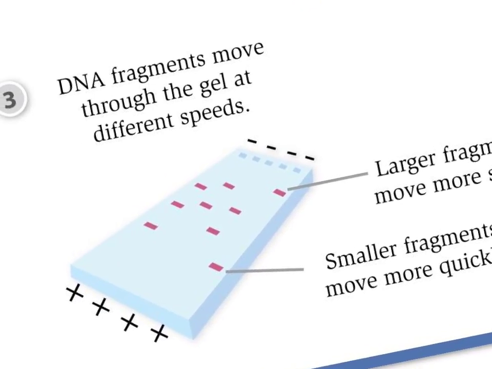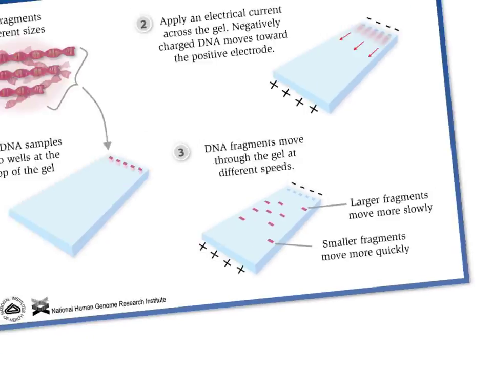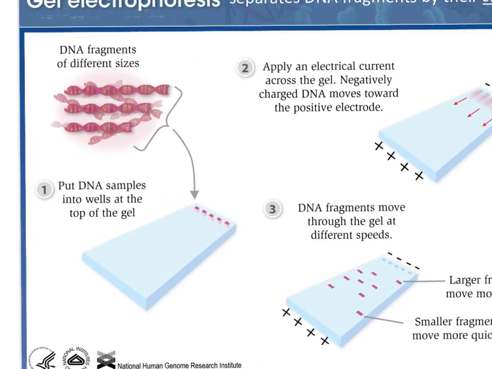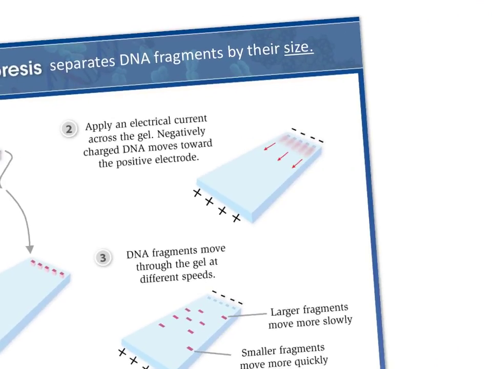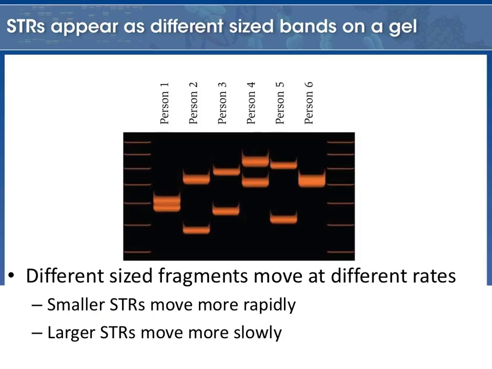And the smaller move more quickly, or further down in a shorter period of time. So in this, we put all this DNA that's been replicated into the gels, we run the current through it, and we get these bands. And then we can say, this person is more closely related to this person. Okay.